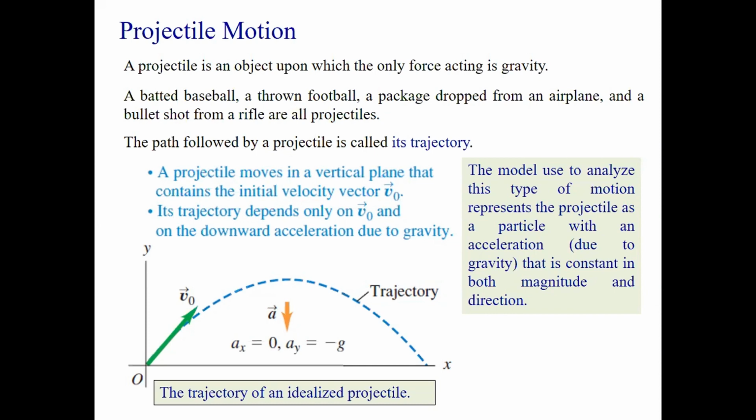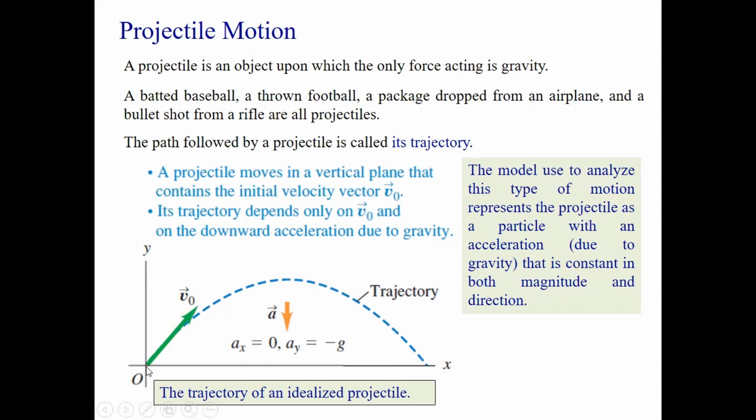To study this, let us idealize the projectile motion and its trajectory as shown in this figure, where positive y is upward, and the ground is on the x-axis with positive values.